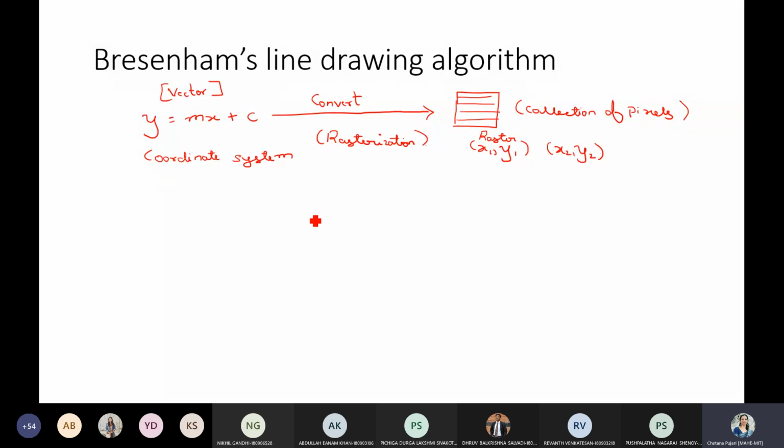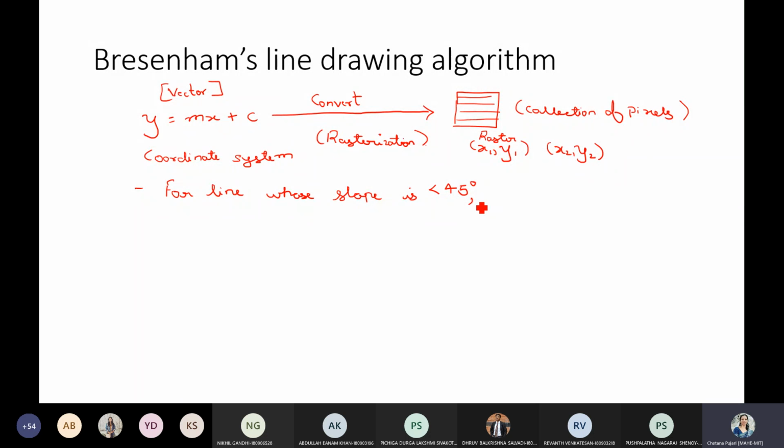So this holds good even for our DDA line drawing algorithm. We have seen that for a line whose slope is less than 45 degrees, yesterday we discussed all these three situations where your slope is less than 45, greater than and equal to 45.